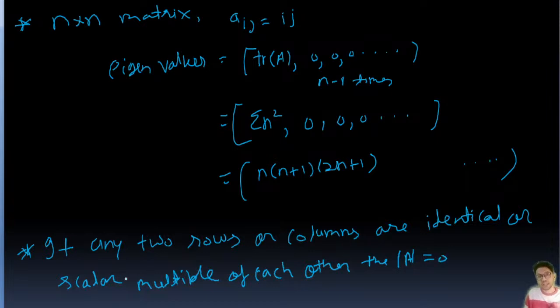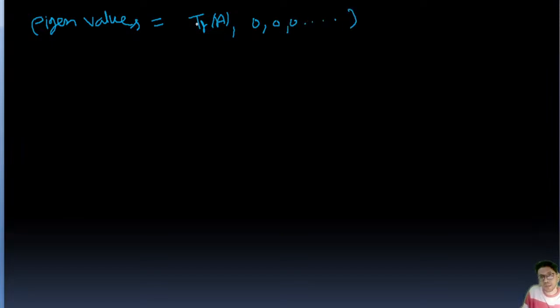Okay, if any two rows or columns are identical, or a scalar multiple of each other, then determinant of A is going to be 0, and the eigenvalues are going to be trace A, 0, 0, 0 and so on, n minus 1 times, for an n cross n matrix. Very important property. I will explain it with an example.